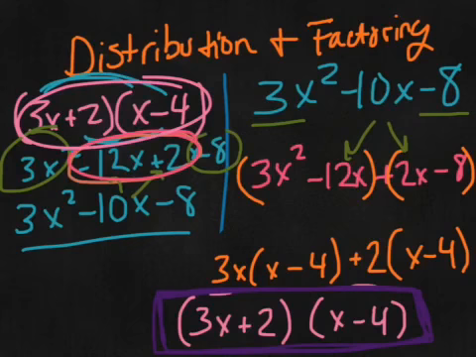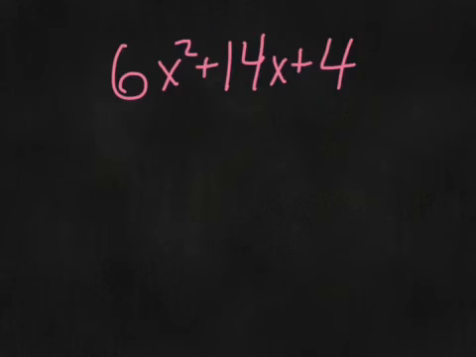Now let's look at a problem where we don't know what the original factors were and factor it out. So in this example, we'll take 6x squared plus 14x plus 4, and we'll factor this out. The first thing we need to do is multiply a and c together. So 6 times 4 is 24.